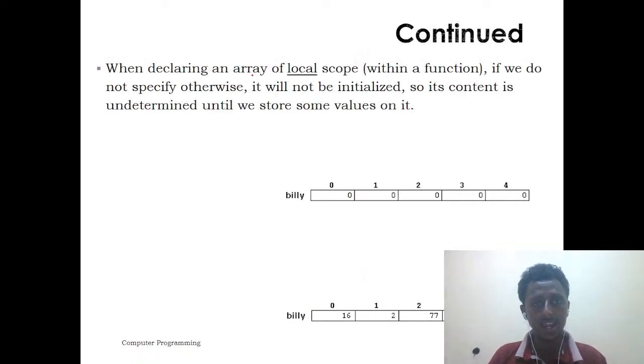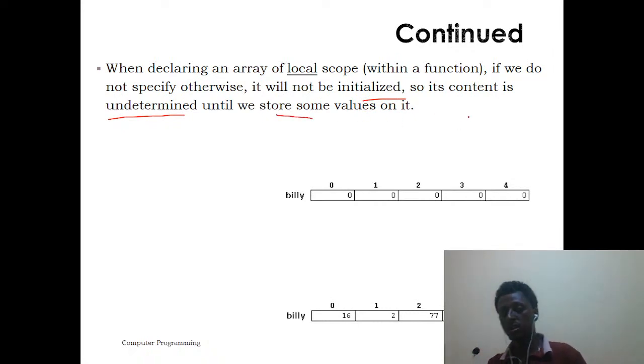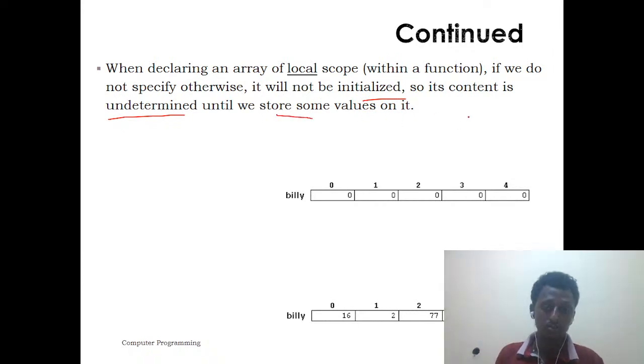When declaring an array of a local scope within a function, if we do not specify otherwise, it will not be initialized, so its content is undetermined until we store some values in it. You cannot expect to limit the size of the array because you may add some element values to the array.